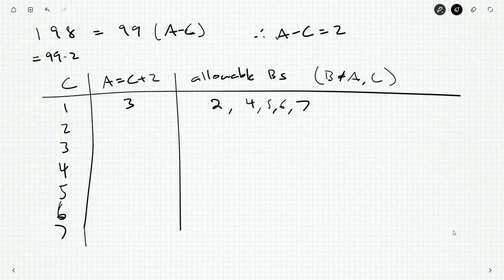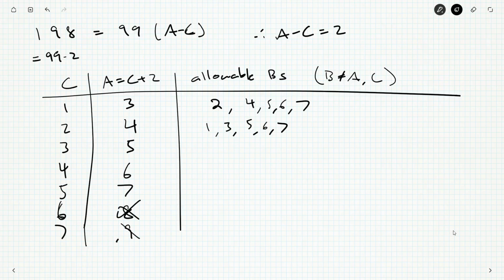Okay? If C is 2, then we get 4. And so it can't be 1. B could be 1, 3, 5, 6, or 7. And we're going to keep going like this. We'll get 5, we'll get 6, we'll get 7. But as soon as I hit C is 6, A would have to be 8, that's not allowed. Same, we'd get 9 here, that's not allowed.